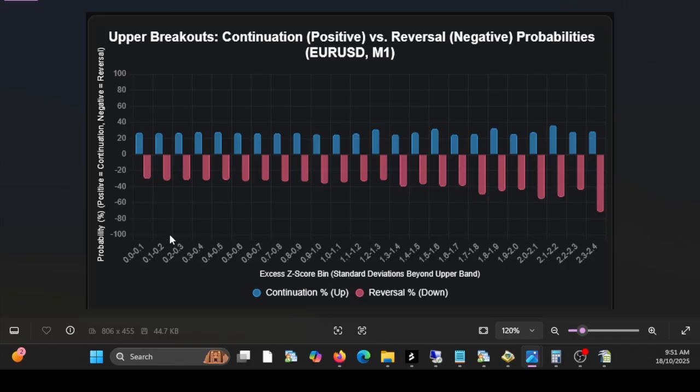For example, at the extremes, the chance of a reversal jumps from about 26 to over 60. So that gives you an idea of what your odds are.